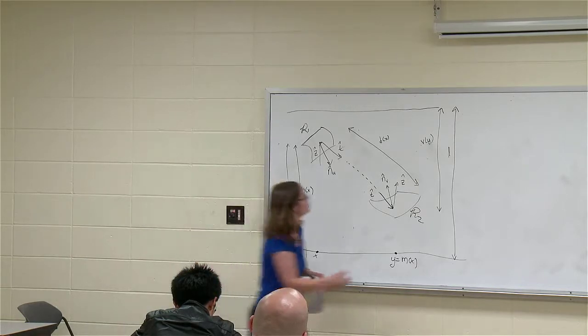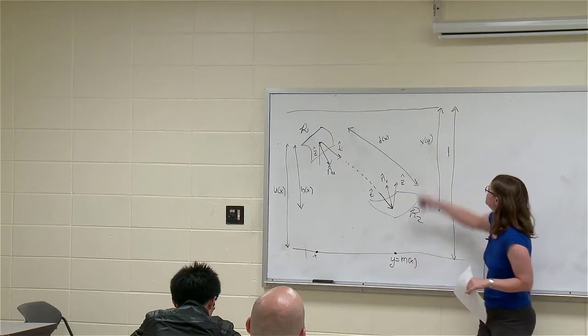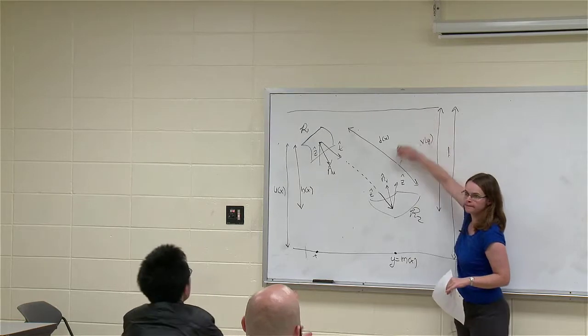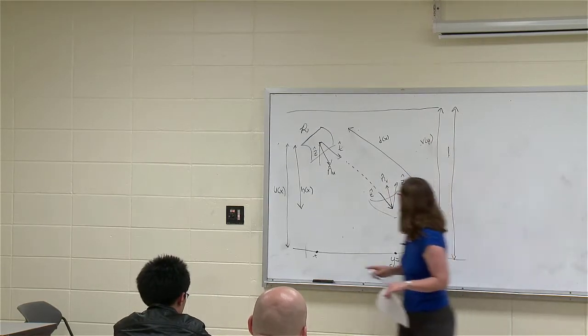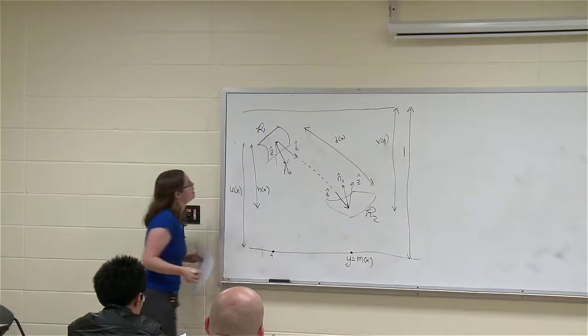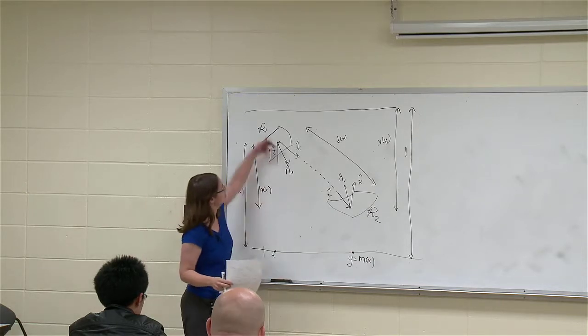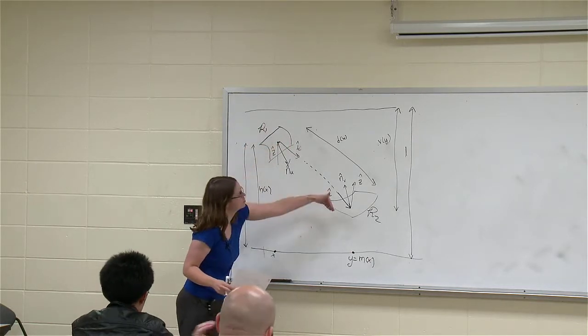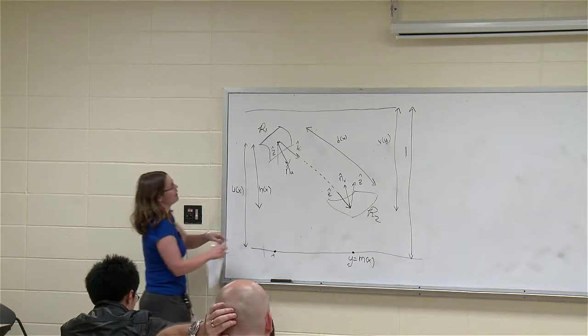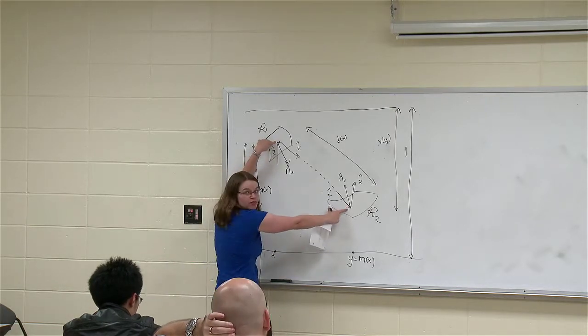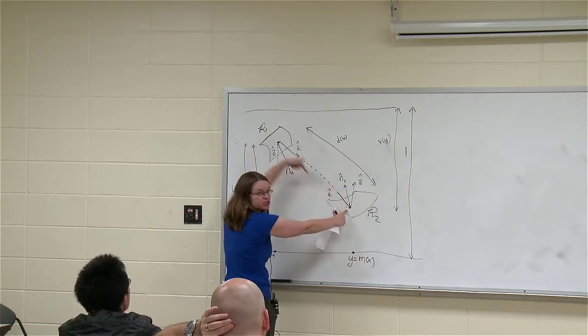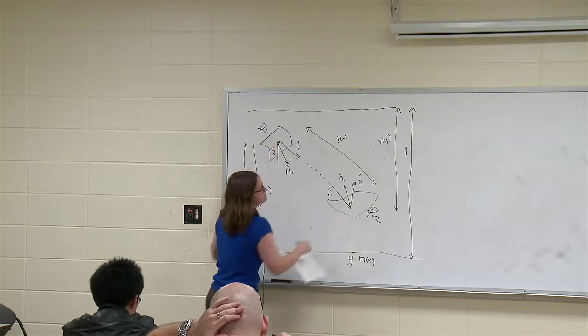This reflector was determined to be a distance v of y from the top. Our t hat is the direction of this reflected ray, and the distance between these two reflectors along this t hat direction is d.